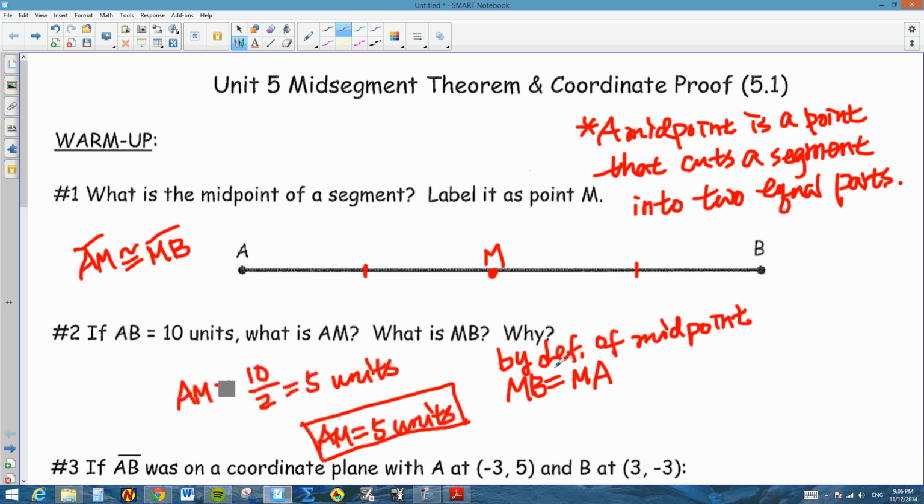So by definition of midpoint, segment MB is congruent to segment MA.